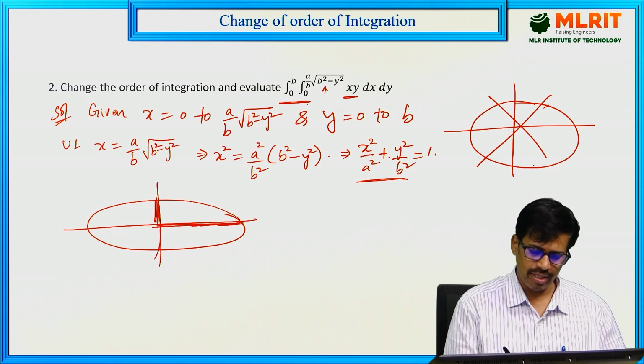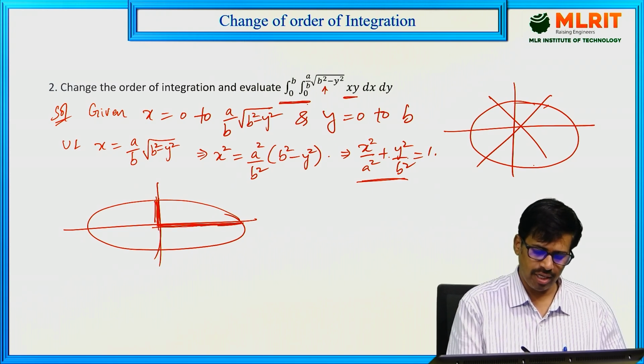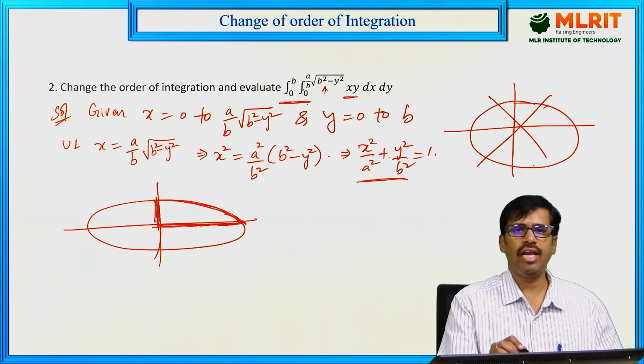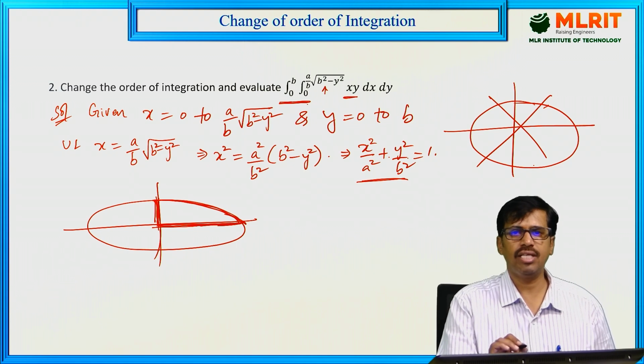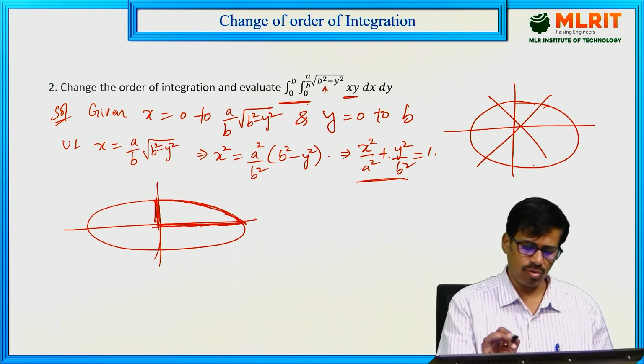How can you say that the region is in the first quadrant? Whenever the limits for x and y both have lower limit 0, that region is in the positive quadrant, that is, the first quadrant.